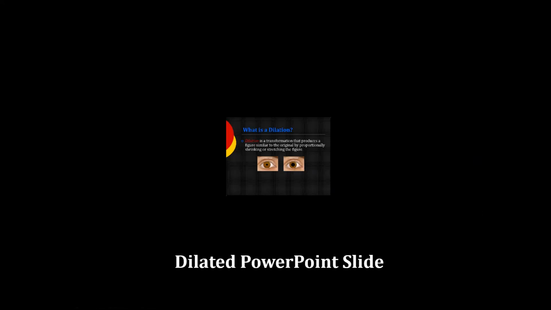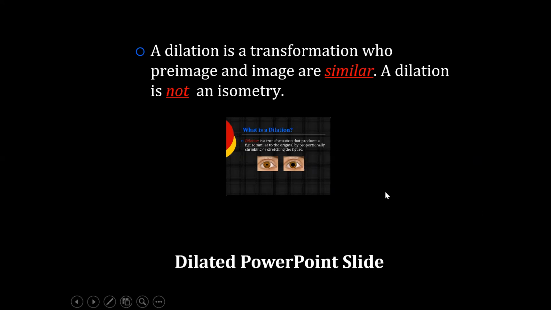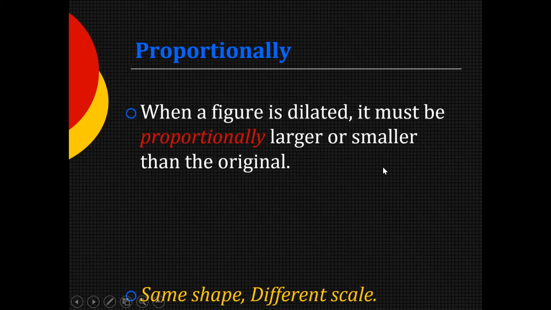What just happened to our PowerPoint slide? Is it reduced? Right, reduced. And so a dilation, in this case they use pre-image for object as well. The image and the object are similar, but the dilation is not an isometry, meaning they will not be exactly the same.